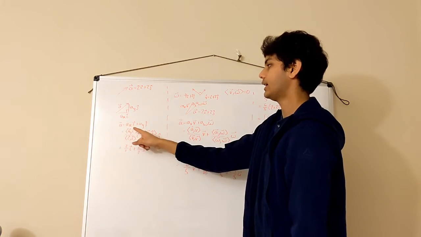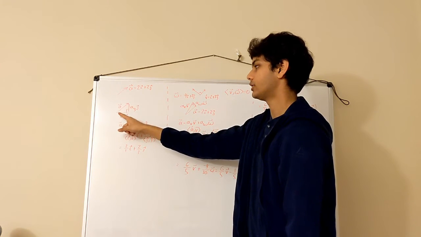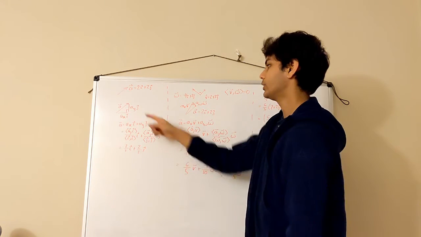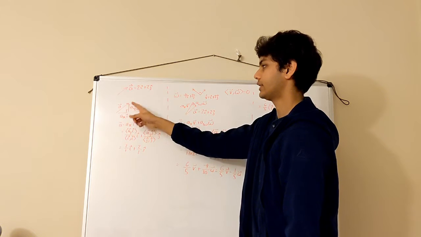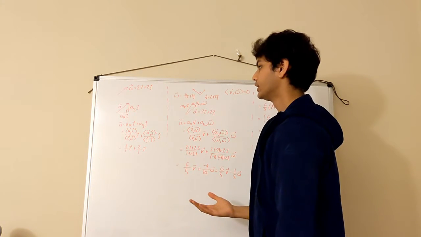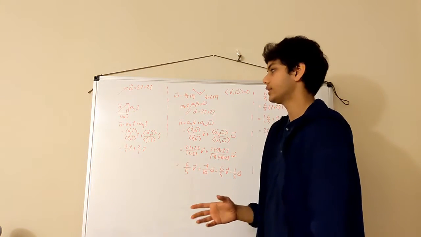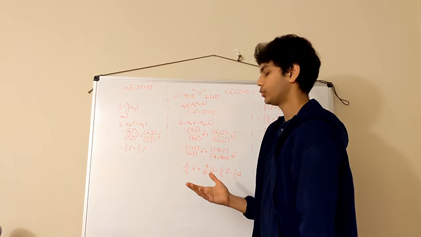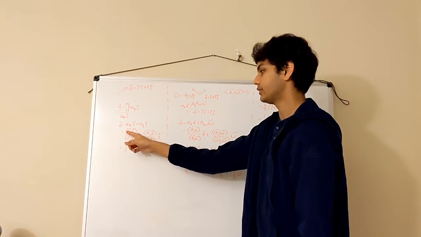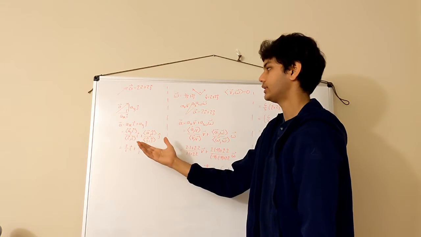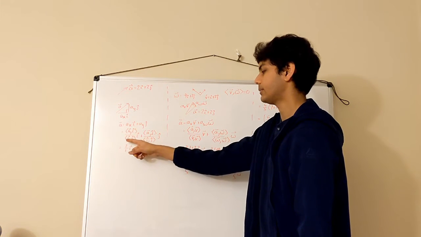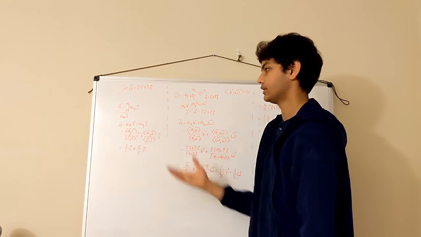So for ax times i hat, notice that this is just the vector parallel to the i direction, and we're decomposing into a vector in the i direction and a vector perpendicular to the i direction. So by what we saw previously, a vector in a parallel component is going to be the inner product of the vector that you're trying to decompose with the other vector divided by the inner product of the other vector with itself times the other vector.